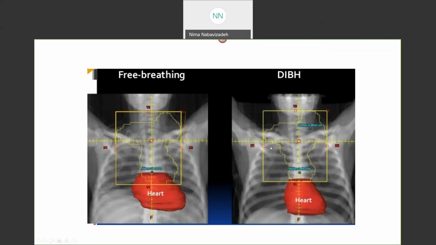And for patients with upper mediastinal tumors, we'll have them take a deep breath in and hold their breath while we treat. And what this does is it pulls their heart inferiorly, as you can see on the image on the right, and basically removes the cardiac tissue from our radiation volume, drastically decreasing the heart dose.